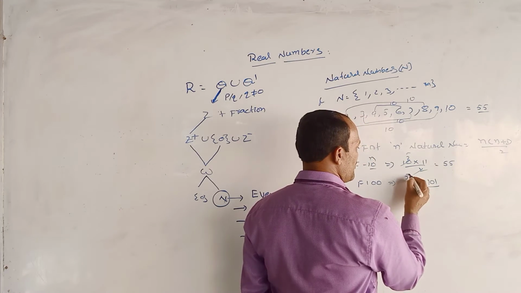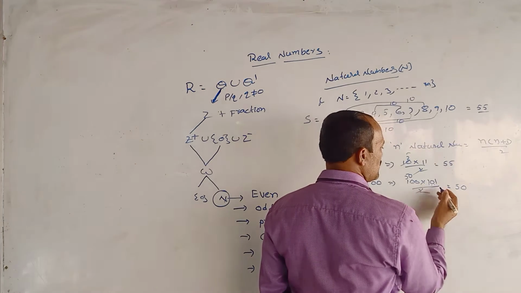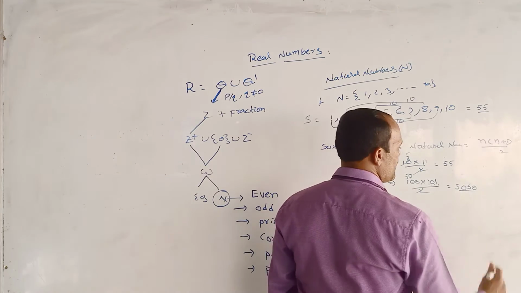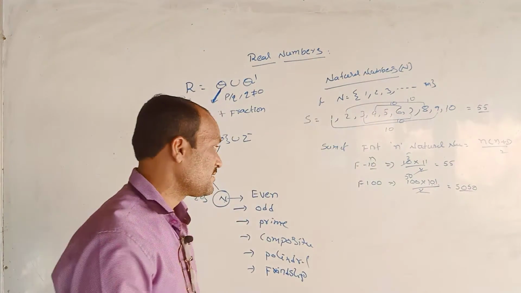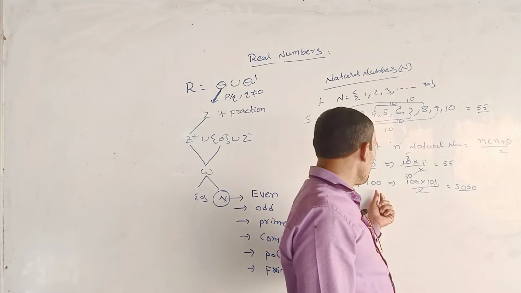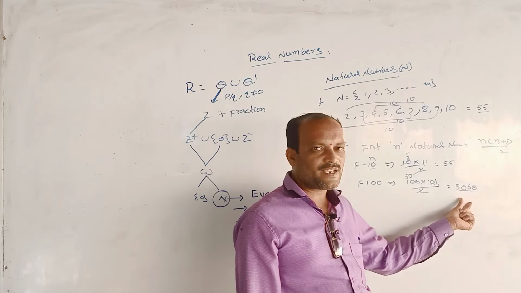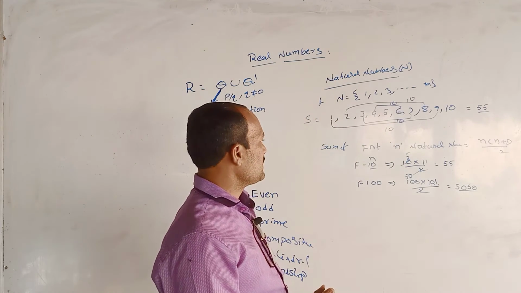Half of 100 is 50. 50 into 101 is 5050. The sum of the first 100 natural numbers is 5050.